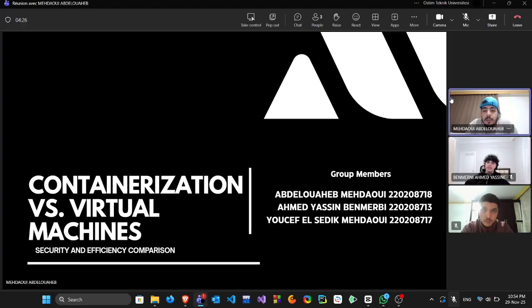We noticed a massive shift in the software industry. For a long time, virtual machines were the standard. If you wanted to run an app, you launched a heavy VM. But recently, we have seen the explosion of tools like Docker and Kubernetes. It seemed like everyone was moving toward containers.